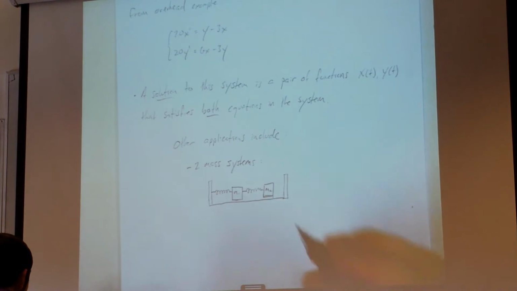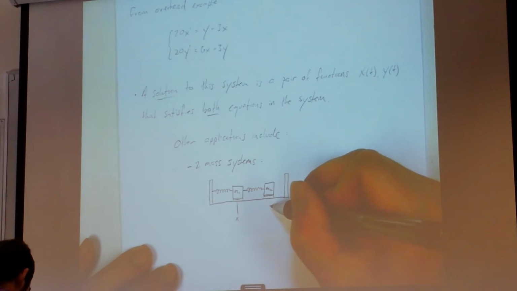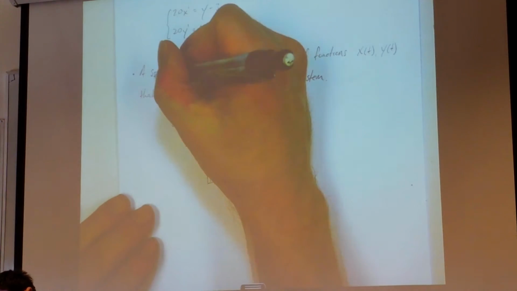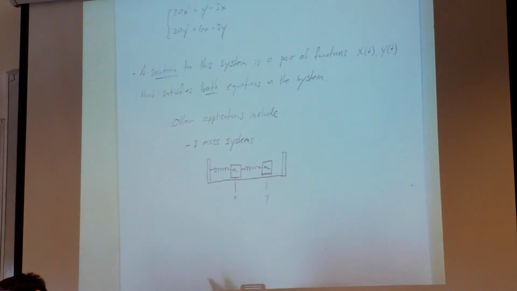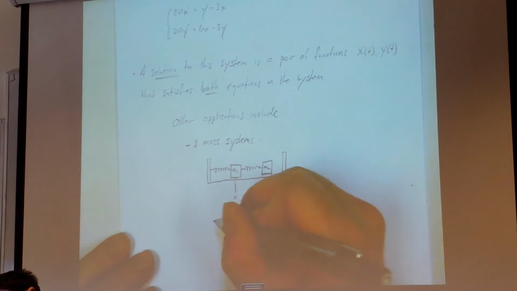All right. So again, if we call x the equilibrium position of the first, y the equilibrium position of the second, and I'm just going to write this down. This is not to memorize, but just to show you where a system of equations could arise from.